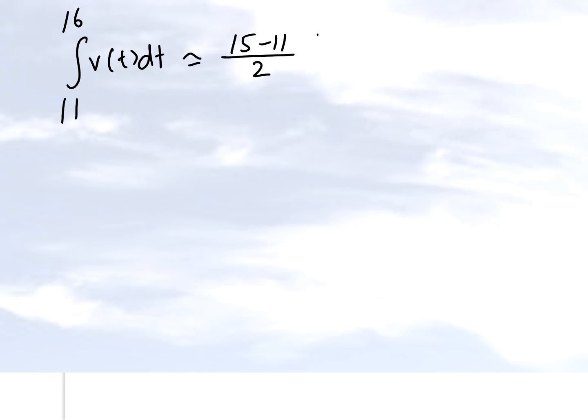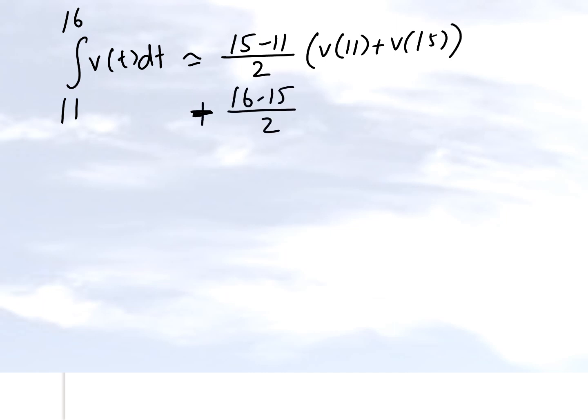So going back to that one, we have the integral going from 11 to 16 of the velocity approximately given as this expression which we had already written: the velocity at 11 plus the velocity at 15, so this is the average velocity from 11 to 15, multiplied by the width of the segment, plus 16 minus 15 divided by 2 times the velocity at 15 plus the velocity at 16.